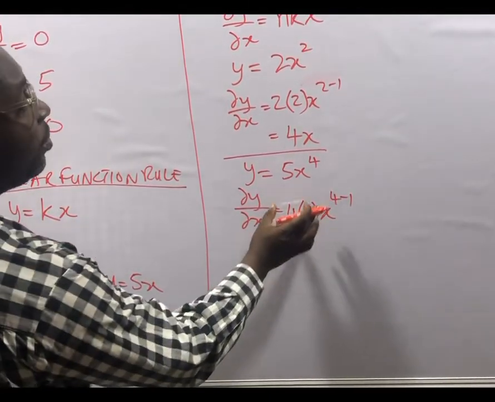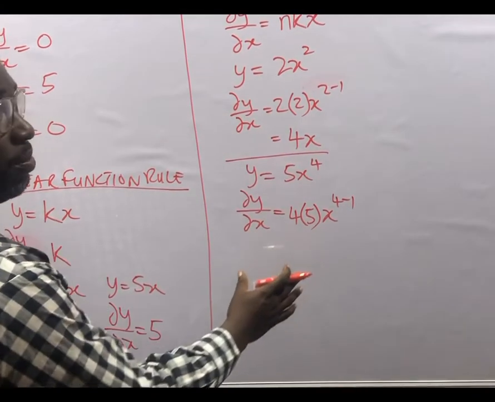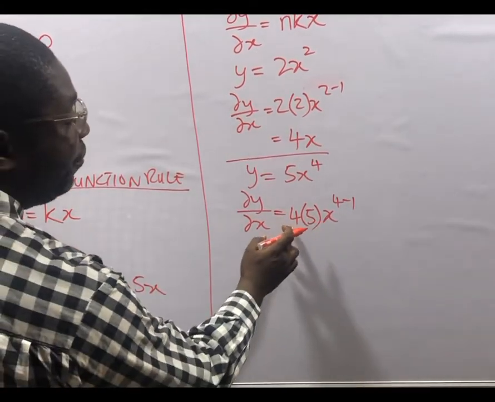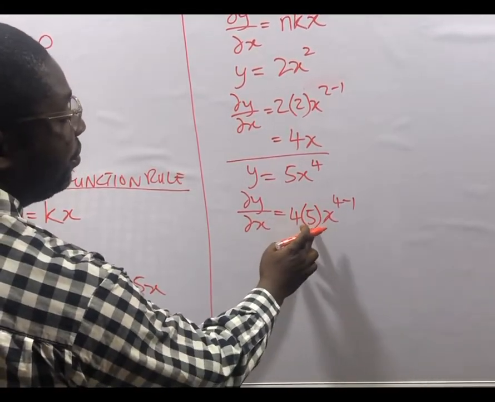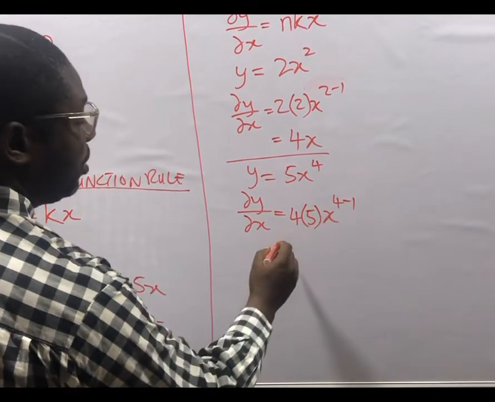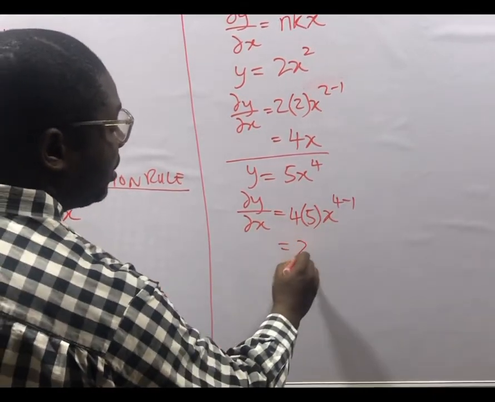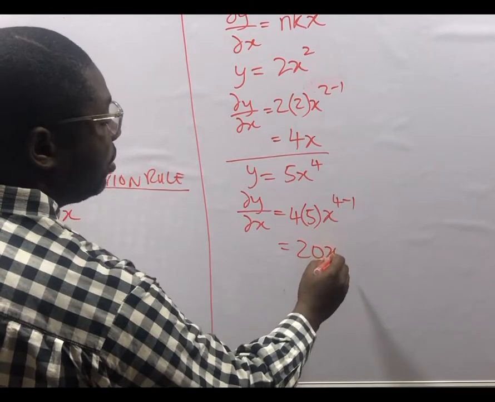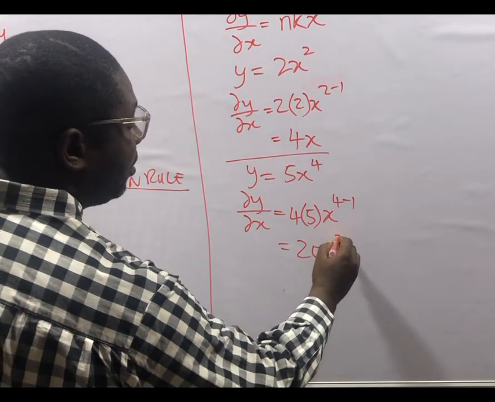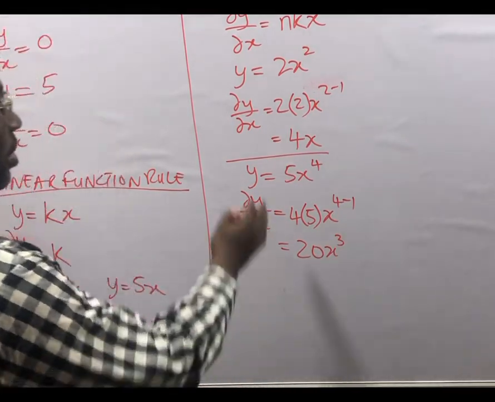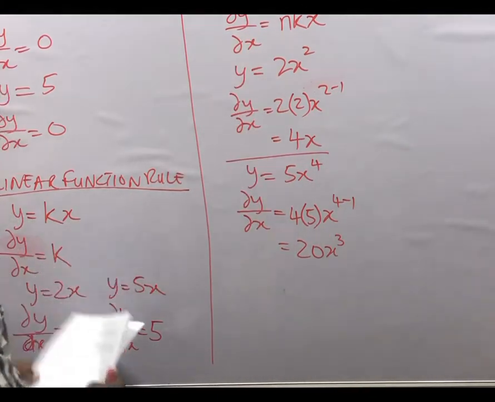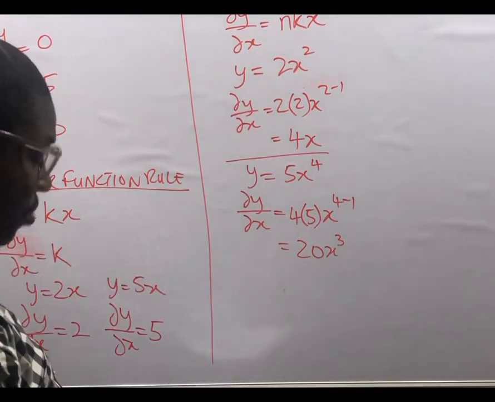You see how the rule is playing out? So you have 4 times 5, x raised to 4 minus 1, so that your answer will be 20x raised to power 3.